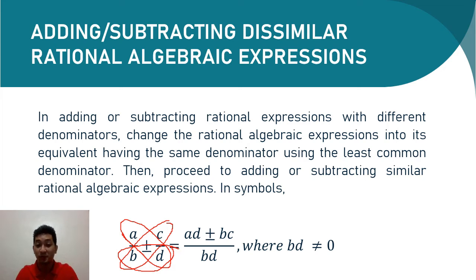So, that's how you do the butterfly method. Always remember that BD cannot be equal to 0, or the denominator cannot be equal to 0. So, always remember the butterfly method is most effective when you are dealing with dissimilar rational algebraic expressions. So, let's go with an example.